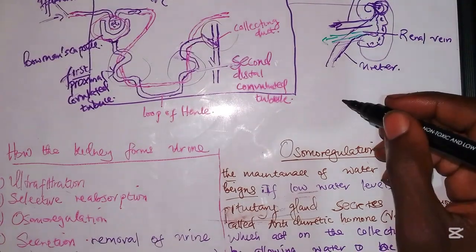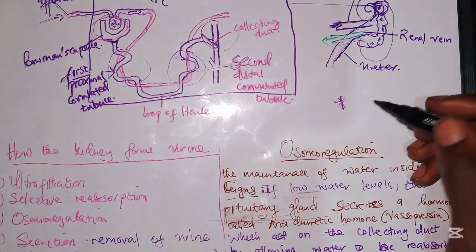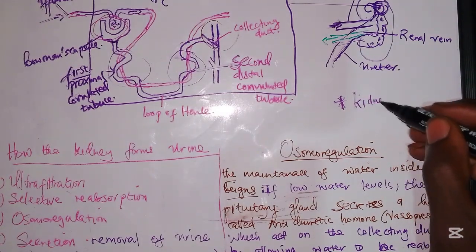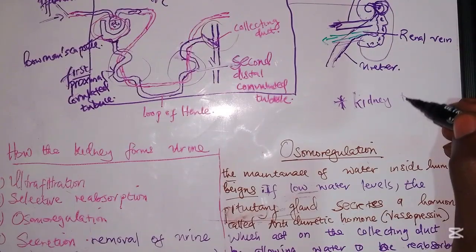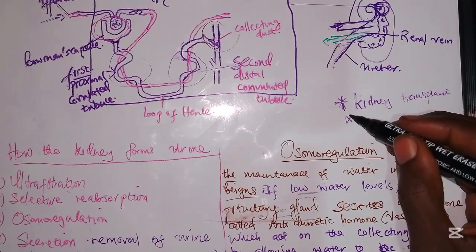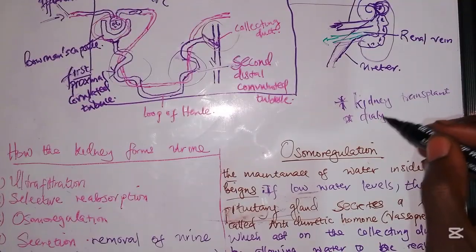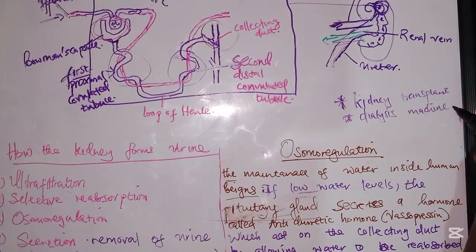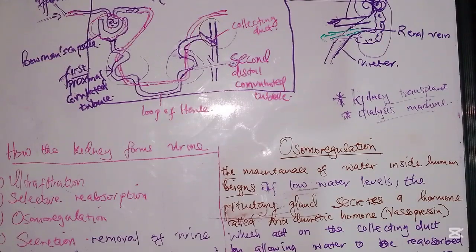But for now, just know that the treatment for kidney failure is one, kidney transplant, and dialysis machine. Yeah, so these are the two treatments which you can undergo whenever you have kidney failure.